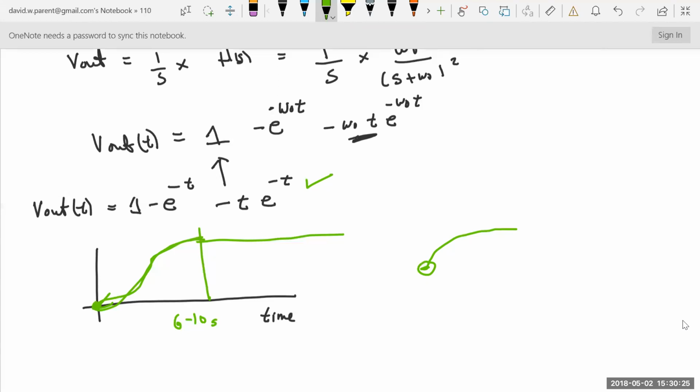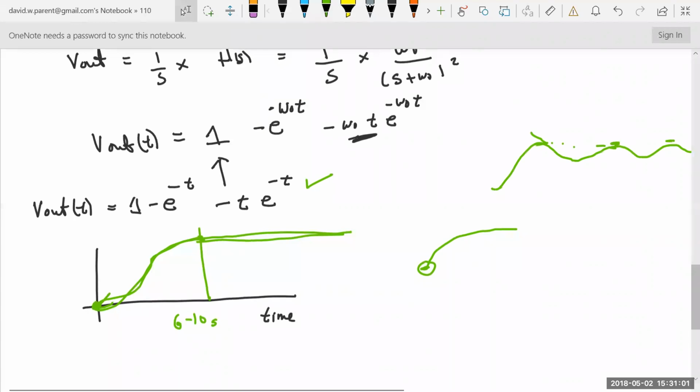The fact that omega was 1 radian per second, it's going to take about 6 to 10 to get here. And even though I'm a little sloppy, if I mean to show that there's ringing or oscillations, you can definitely see that. There are the peaks, and these peaks are decaying exponentially. All right.